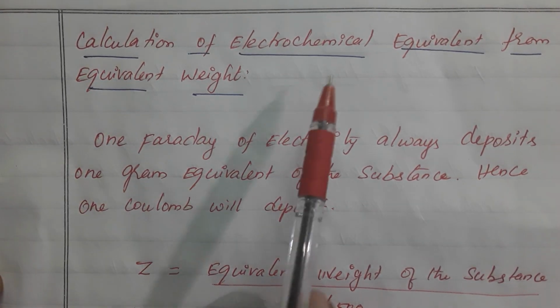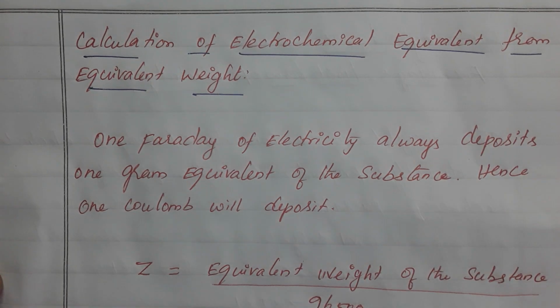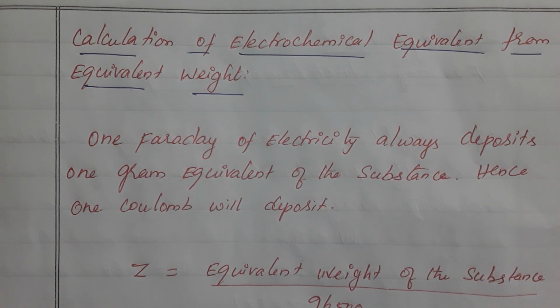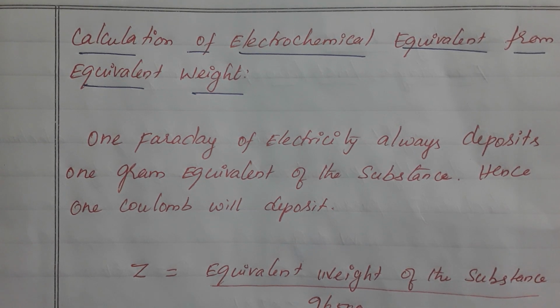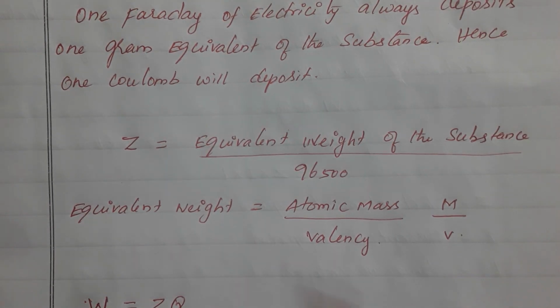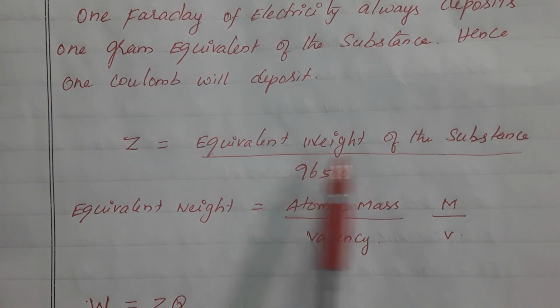Next, calculation of electrochemical equivalent from equivalent weight. 1 Faraday of electricity always deposits 1 gram equivalent of a substance, because when we pass 1 Faraday of current, it will deposit only 1 gram equivalent of the substance. Hence 96,500 coulombs will deposit the equivalent weight of the substance.